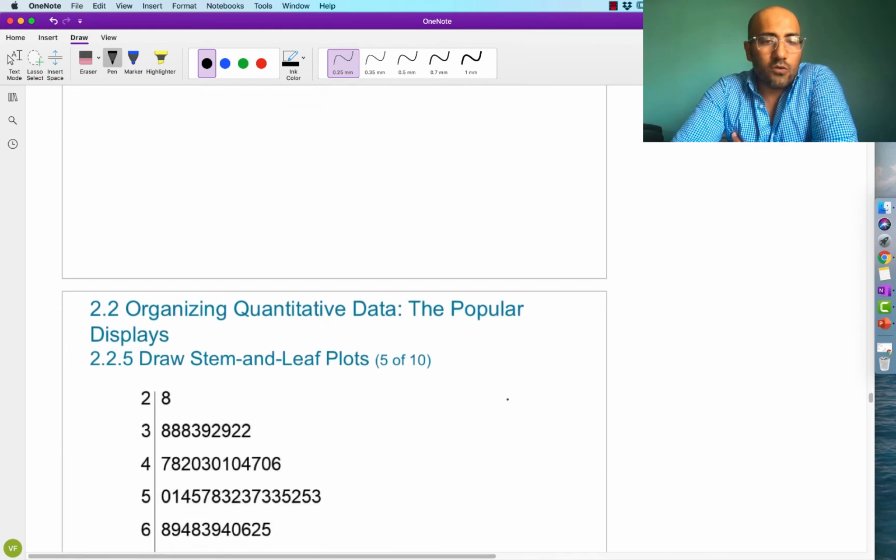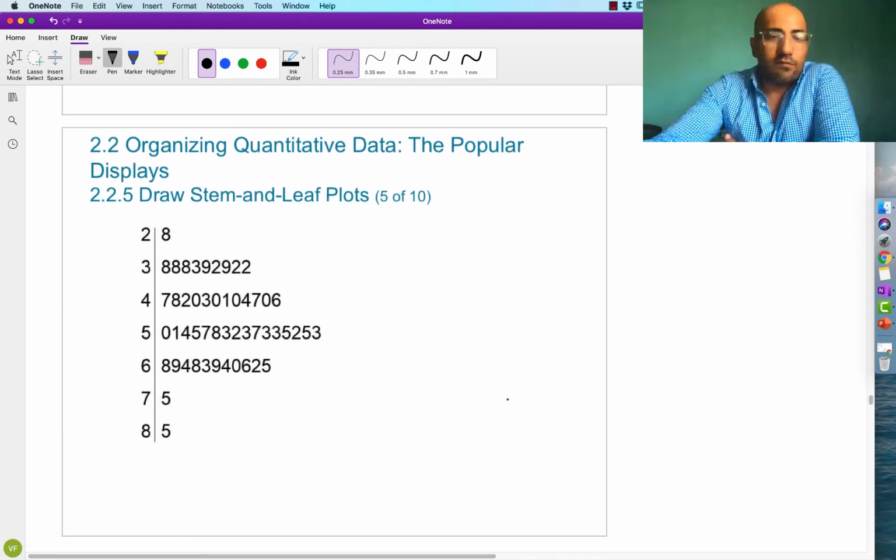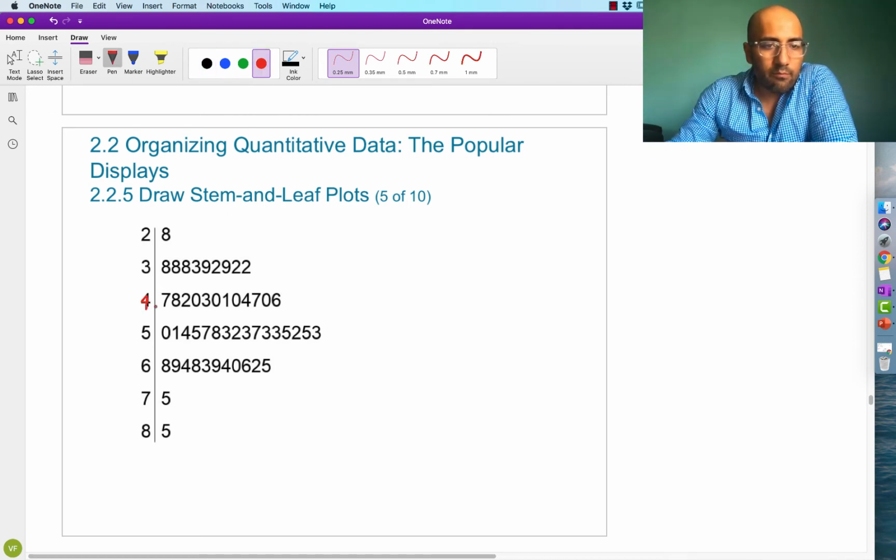Okay, and so this is what it looks like. The 4.7 is these two. So that means that there's a 4.8 and a 4.2 and a 4. Right? So when we see a 0, that means that's 4.0. Good.